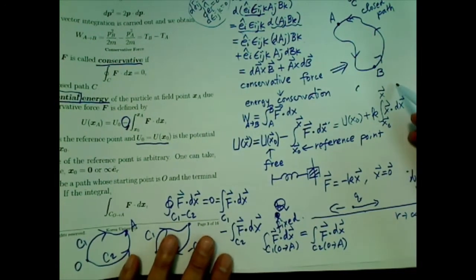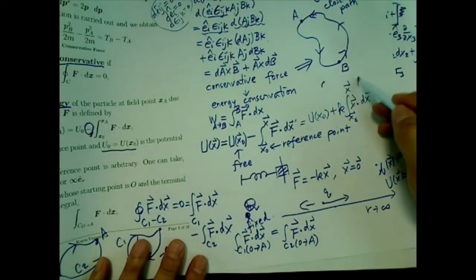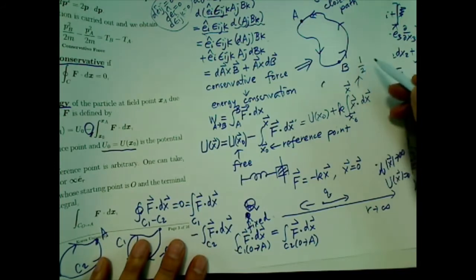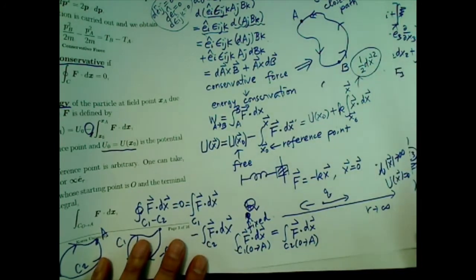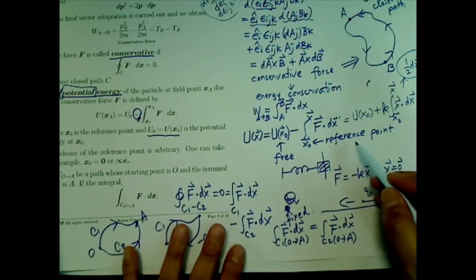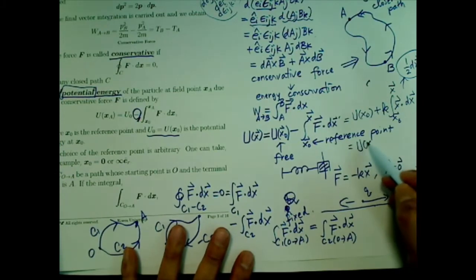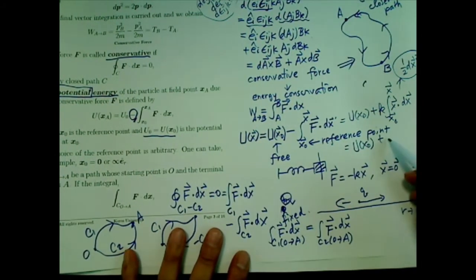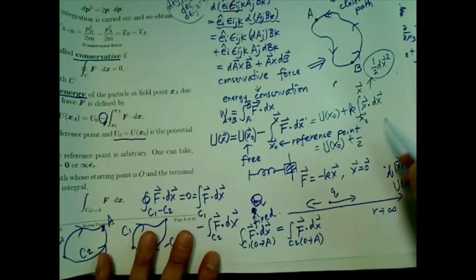As you know, this one should be 1/2 d(x squared). So therefore it is U(x0) plus 1/2 k (x squared minus x0 squared).